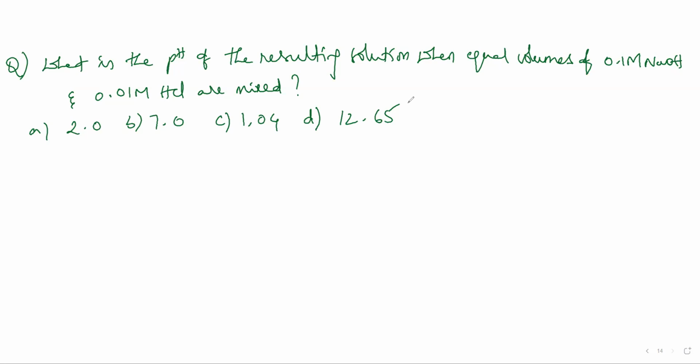But to find out the resulting solution pH, sir. Now here the reaction is between 0.1 molar NaOH and 0.01 molar HCl. Okay.